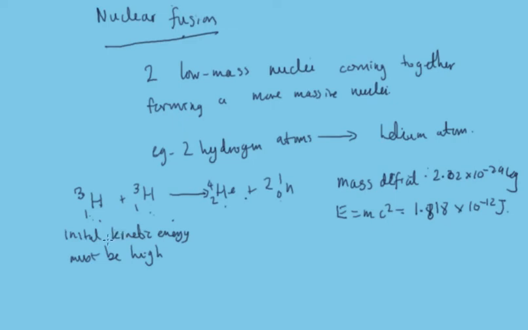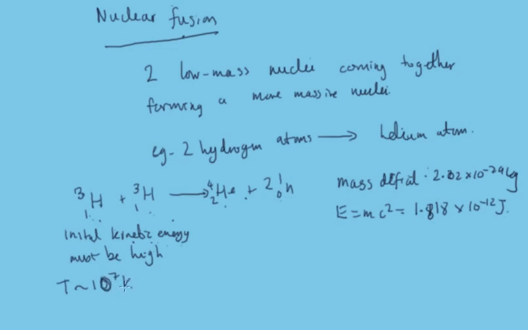Now, the kinetic energy of a particle is related to its temperature. So the temperature of a particle is what gives it its kinetic energy. For fusion to take place, you're looking at temperatures of the order of 10 to the 7 Kelvin.